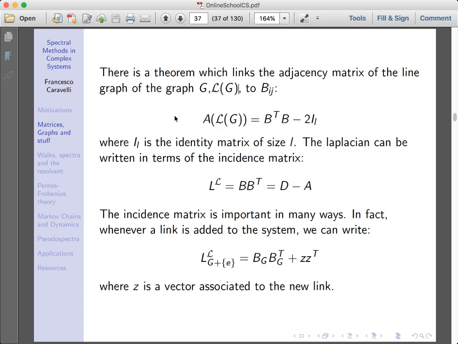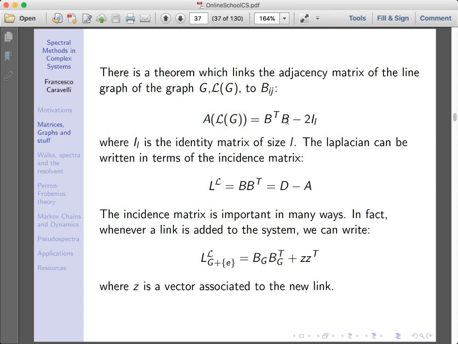One particularly interesting relationship is the connection between the incidence matrix of the original graph and the adjacency matrix of the line graph. Basically, you can write the adjacency matrix of the line graph as the square of the incidence matrix, but taken not in the same order as in the case of the Laplacian, but in the opposite order.